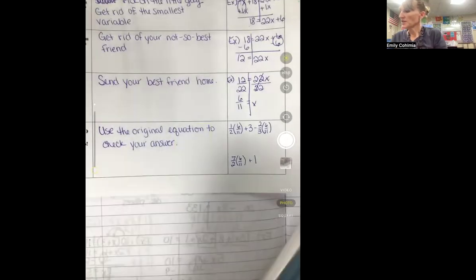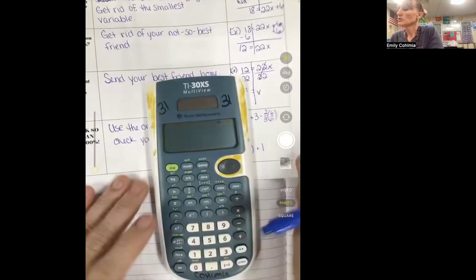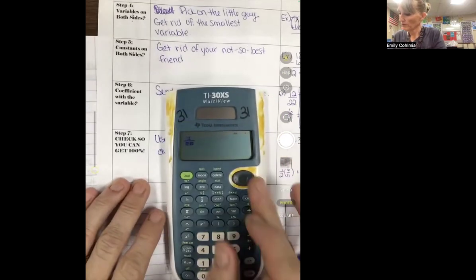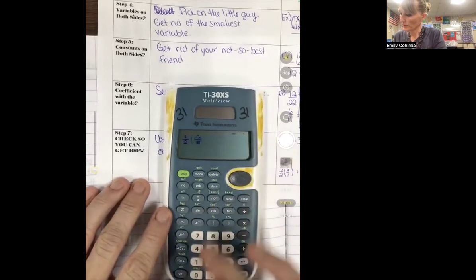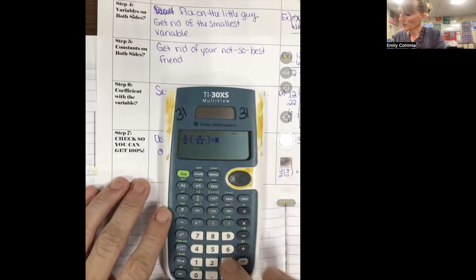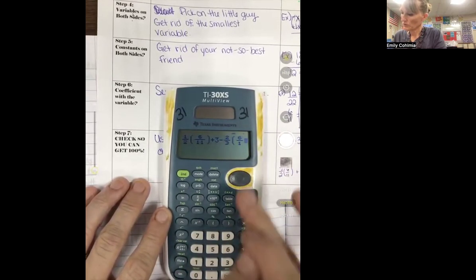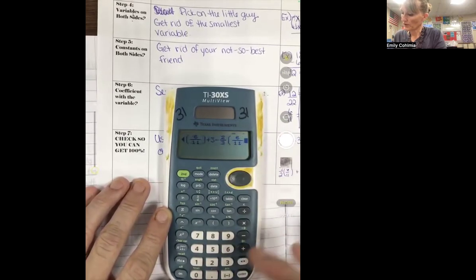Now, time saving, use your calculator to do this. So we have 1/2 parentheses 6 over 11 plus 3 minus 2/3 parentheses 6 over 11. Make sure you get it in there correctly.